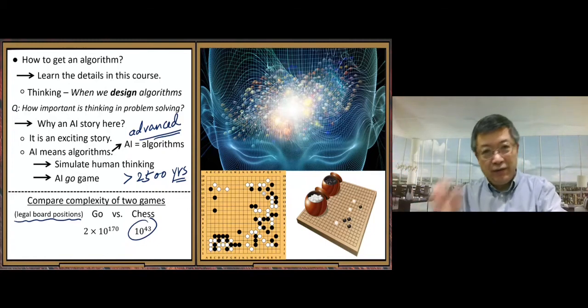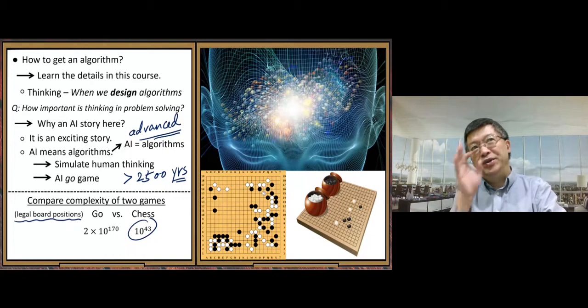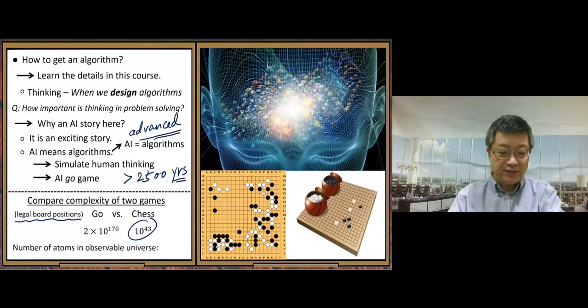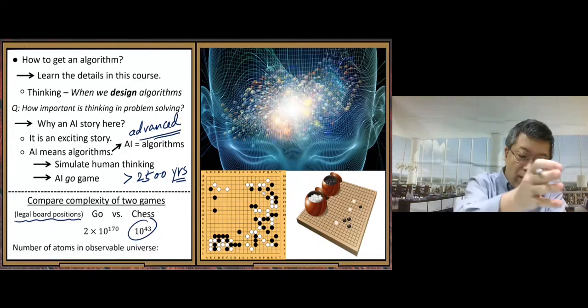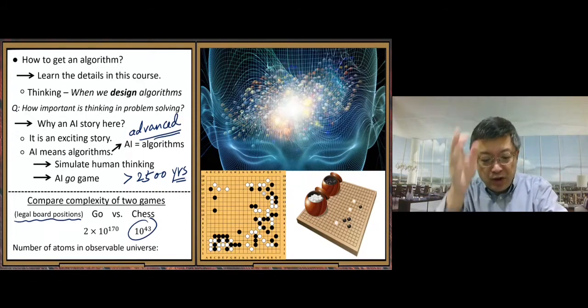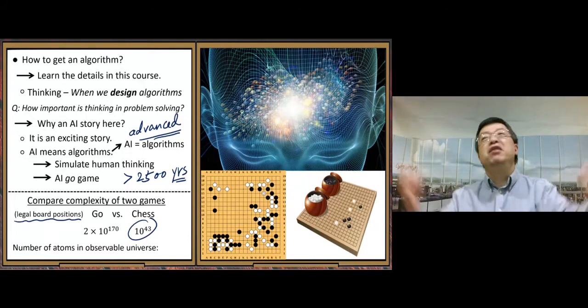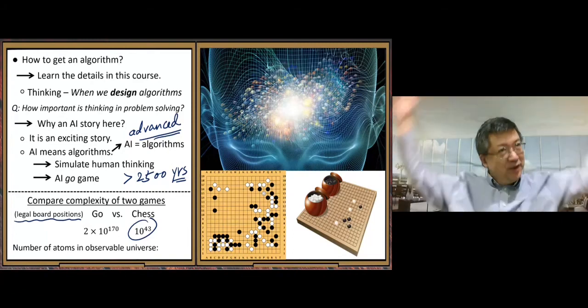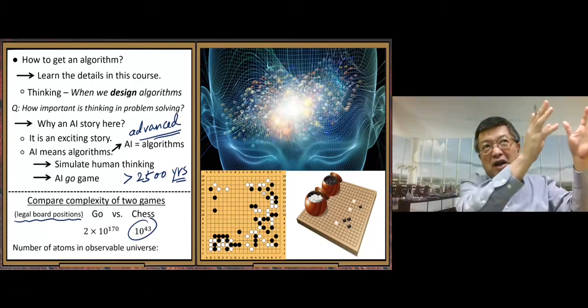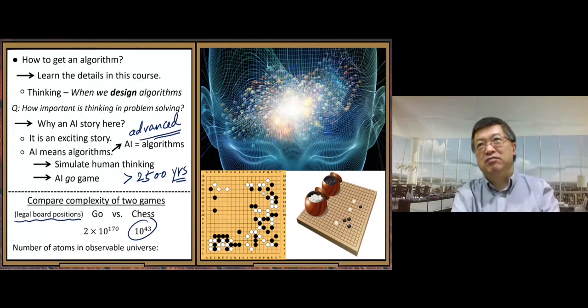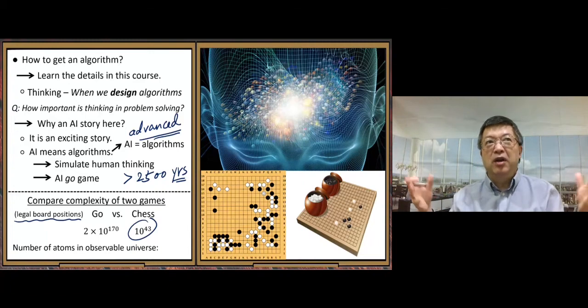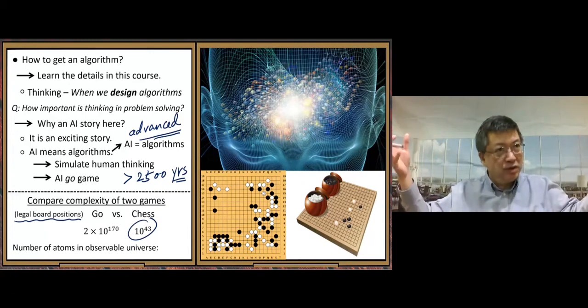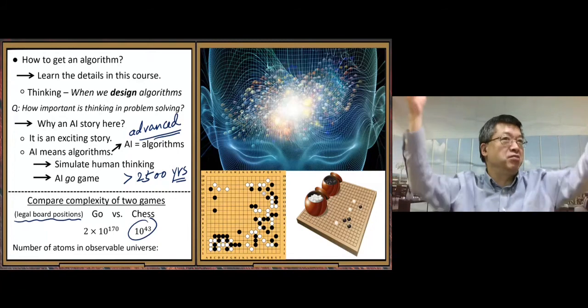But for comparison, I want to use another reference big number so then you can get a little more sense. What's that? Think about the number of atoms in the observable universe. In the whole universe, huge, right? Each atom is very small, so there should be a huge number of atoms in the observable universe.